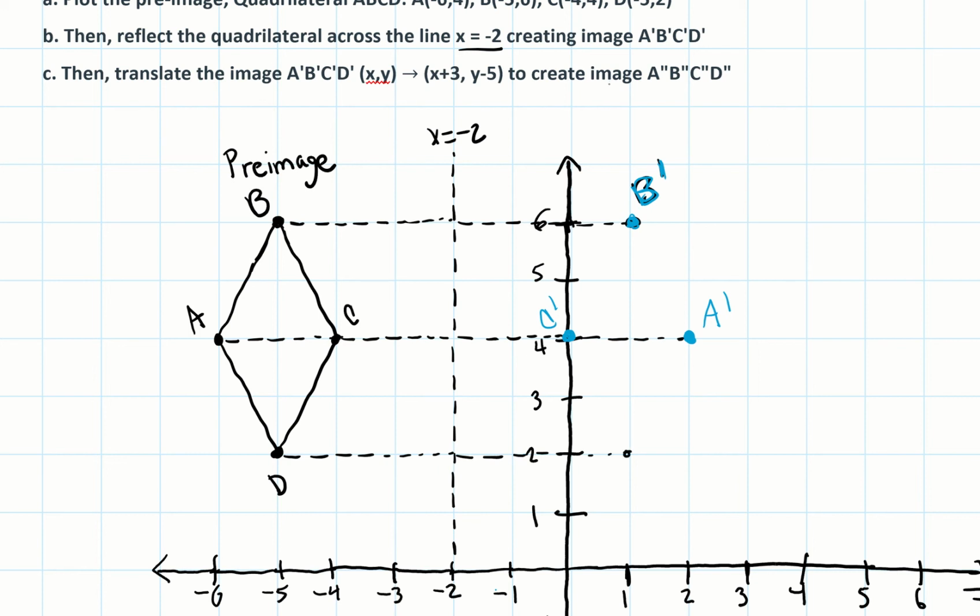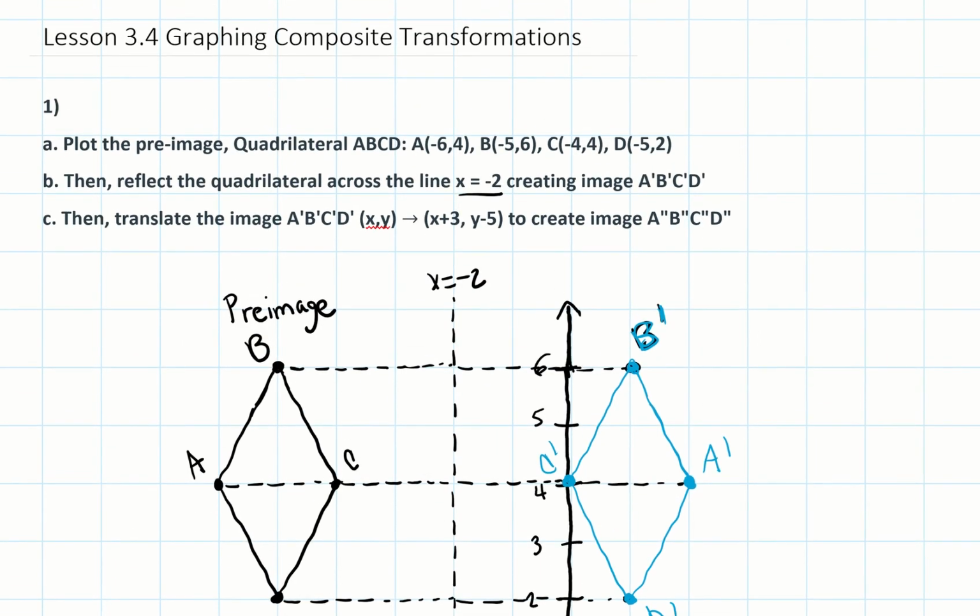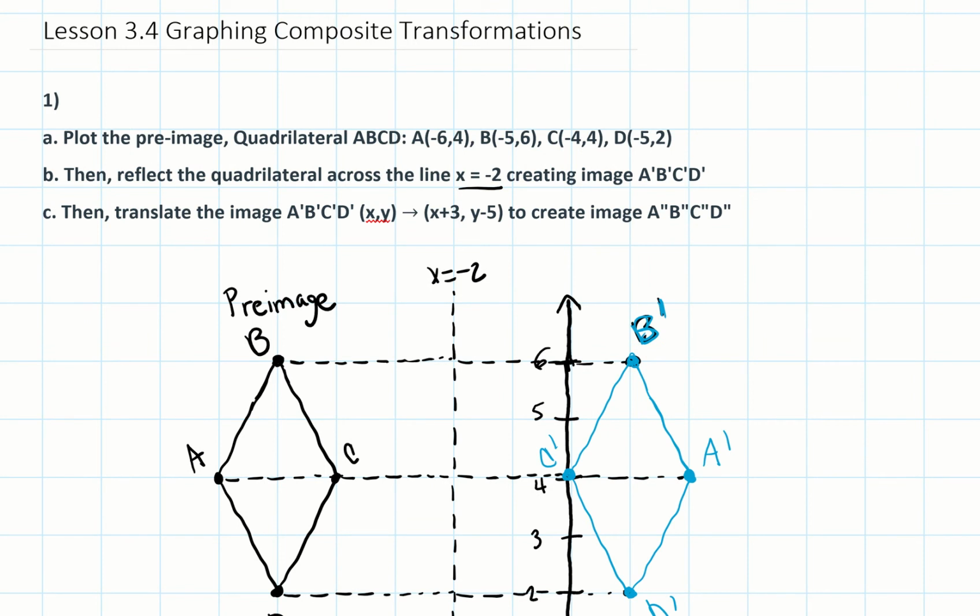So it'll be here, 3 units away on the other side. This will be my D prime. All right, so we got our new quadrilateral. That's how it looks. It's a perfect reflection about x equals negative 2. And now we're going to do part C, which is translated according to this rule.